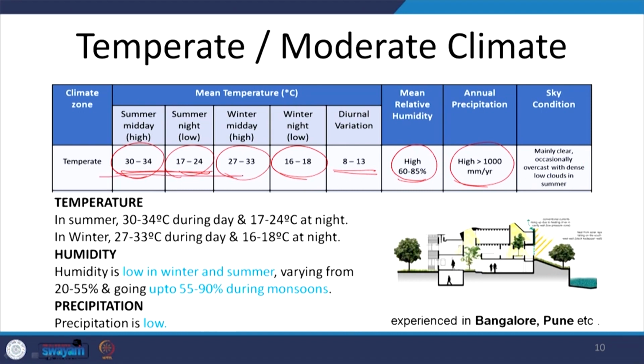Because of this comfortable range of temperatures which we can see in temperate or moderate climate, the physiological objectives in a moderate climate are not aimed towards increasing or decreasing the ambient air temperature. The combination of temperature and humidity is also such that it remains largely comfortable.